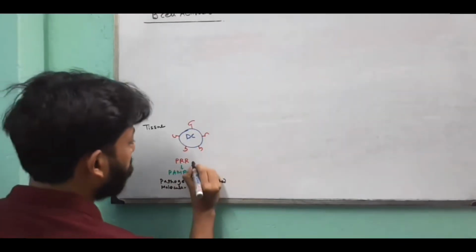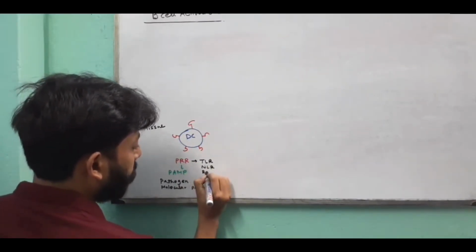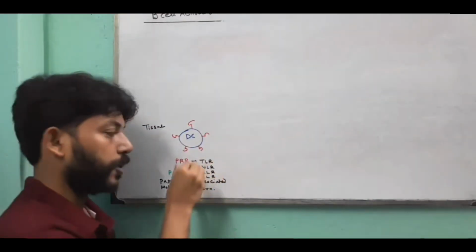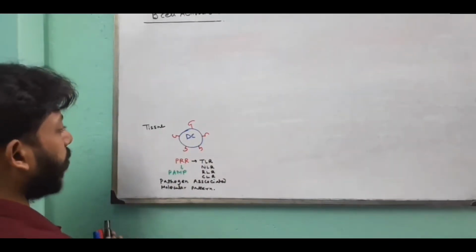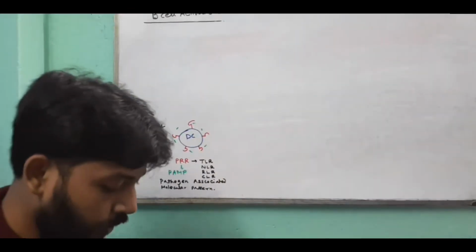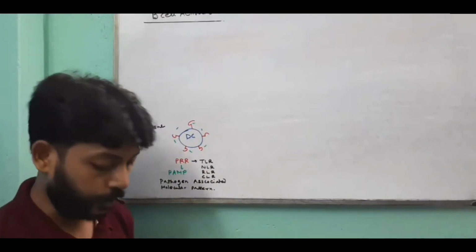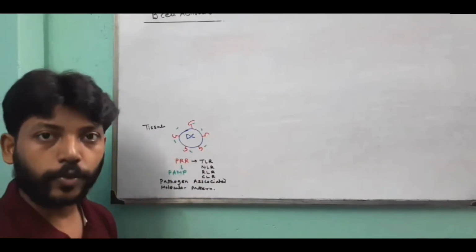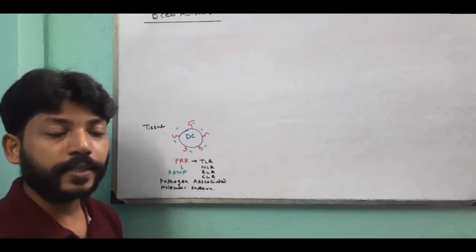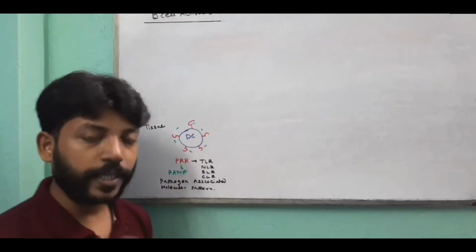Examples are toll-like receptors, NOD-like receptors, RIG-I-like receptors, and C-type lectin receptors, and there are many different types of toll-like receptors and NOD-like receptors. Now let's assume there is an infection in the tissue site. The dendritic cell can sense the presence of the pathogen and engulf it by phagocytosis. When the dendritic cell phagocytoses a pathogen, it processes it and presents fragments of the pathogen by MHC II molecules. That's why the dendritic cell is called a professional antigen presenting cell.